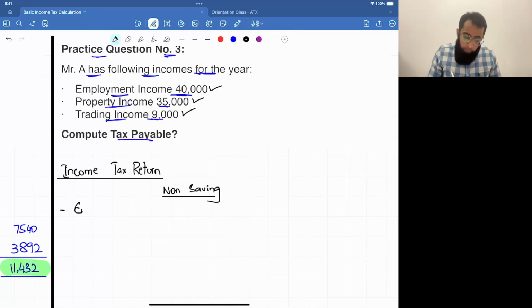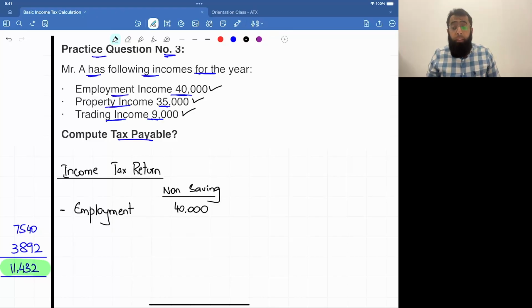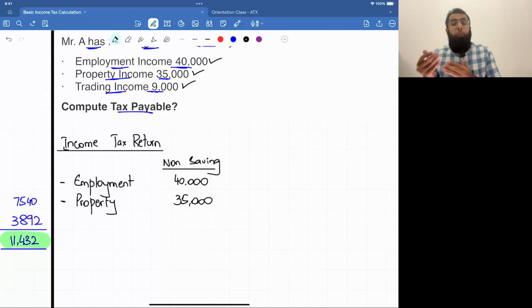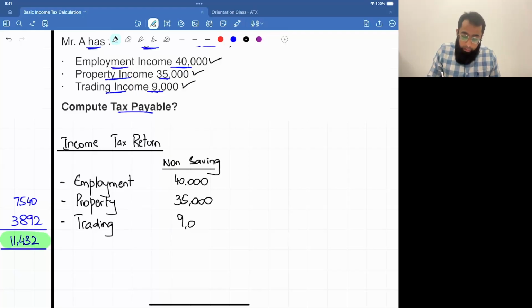Here you go, employment income, how much? The employment income is 40,000. Done. Then you have rental income, the property income, which is 35,000. Employment is 40, property income is 35. Then you have trading income, 9,000.